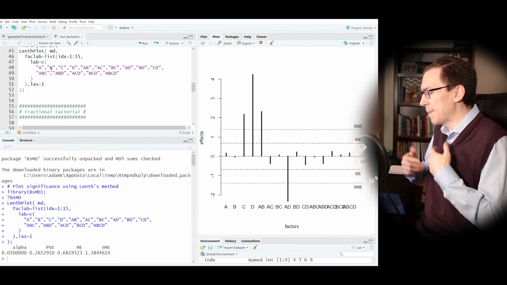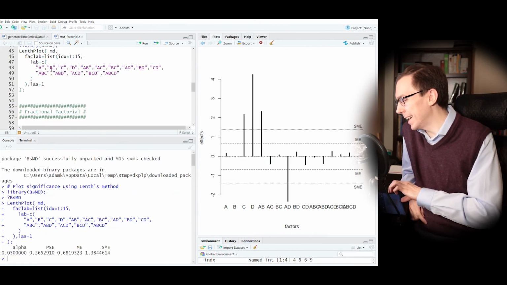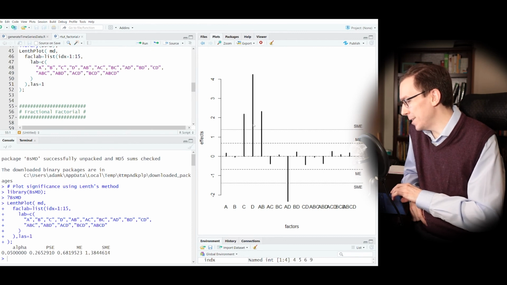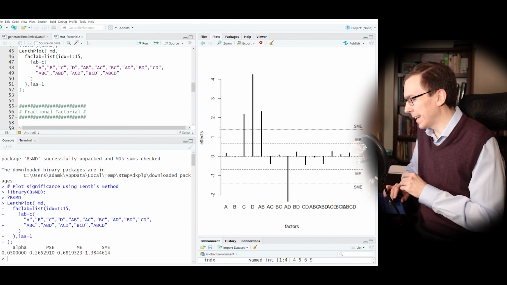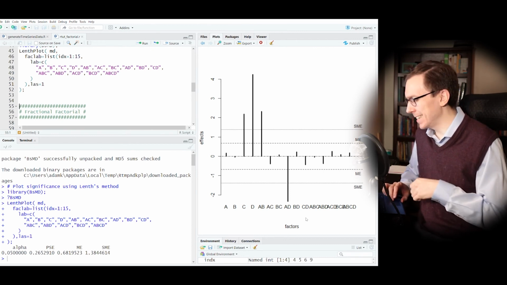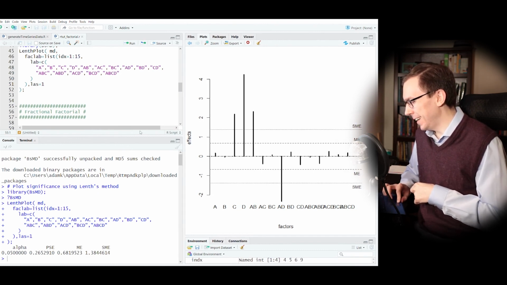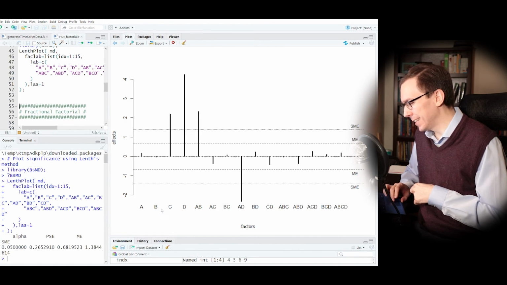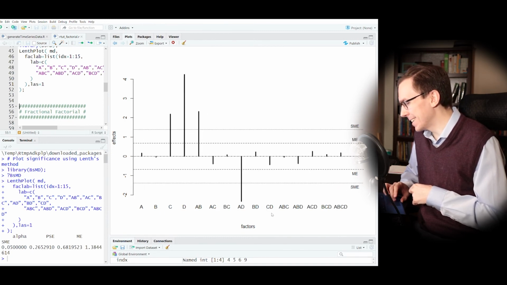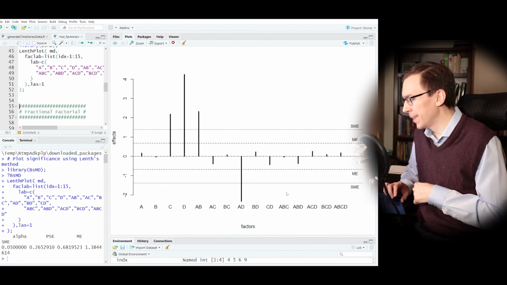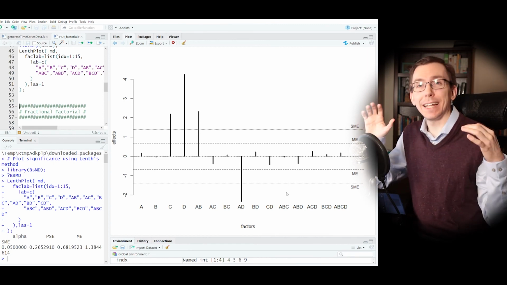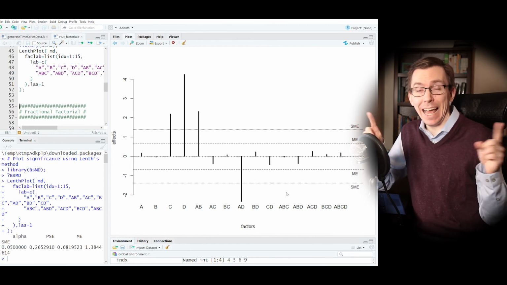Because when I apply Lenth's method, it just gives you a plot. And here, this plot can get kind of nasty when you have lots of high order terms, because it's just going to type them all out on the horizontal axis and they start to overlap each other. But remember what Lenth's method is doing from last lecture.